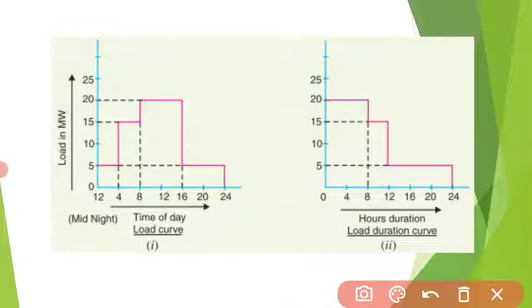If you take 4 hours, how many megawatt? 15 megawatt. If you check here, 4 to 8, that is nothing but 4 hours. 4 hours is 15 megawatt. So here also 15 megawatt.